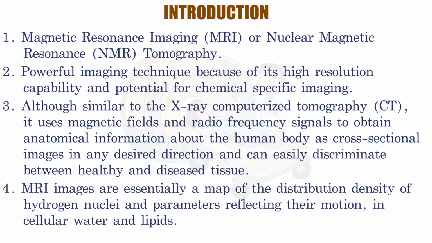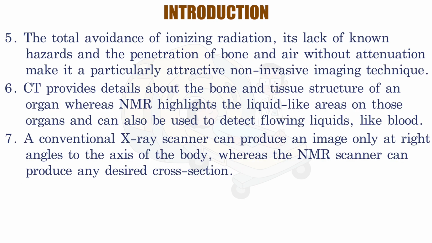MRI images are essentially a map of the distribution density of hydrogen nuclei and parameters reflecting their motion in cellular water and lipids. The total avoidance of ionizing radiation, its lack of known hazards, and the penetration of bone and air without attenuation make it a particularly attractive non-invasive imaging technique.